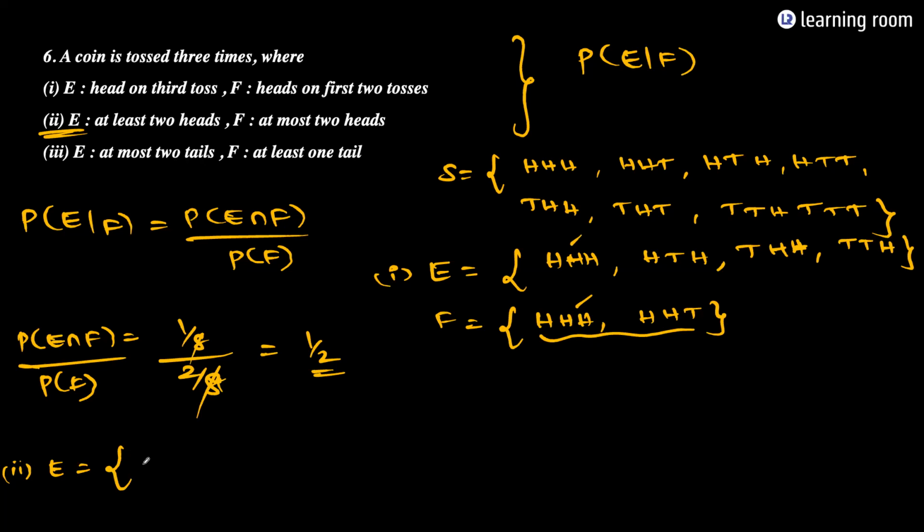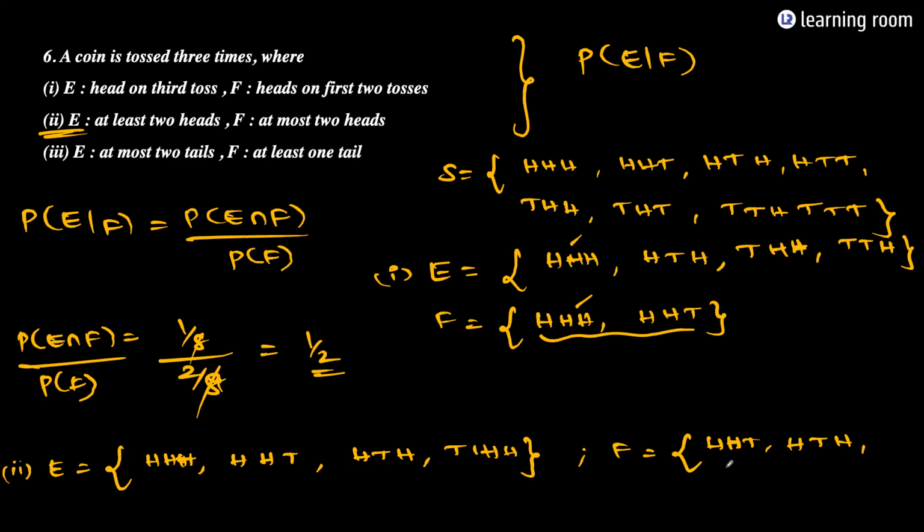At least two heads. Now what should I write? Head, head, tail; head, tail, head; tail, head, head; head, head, head. Correct? Similarly, what is F? At most two heads. What should we take for at most two heads? Head, head, tail; head, tail, head; tail, head, head.